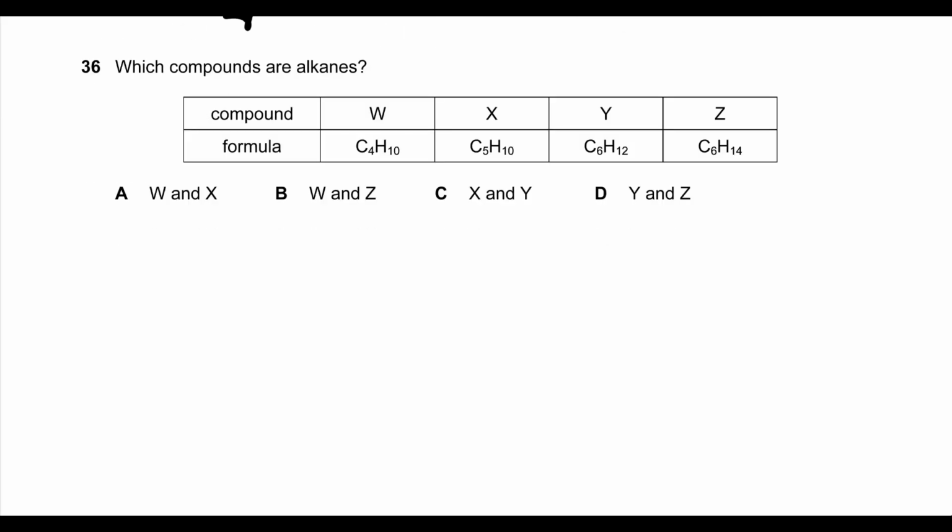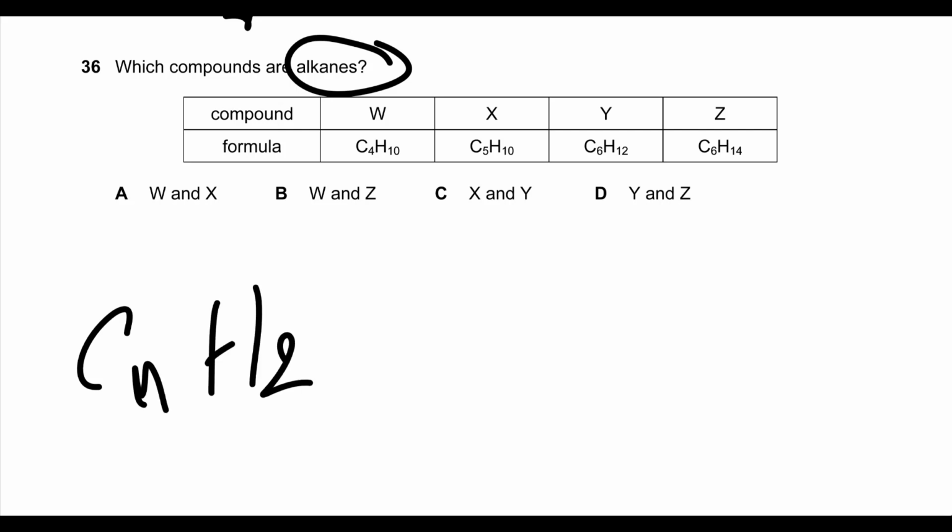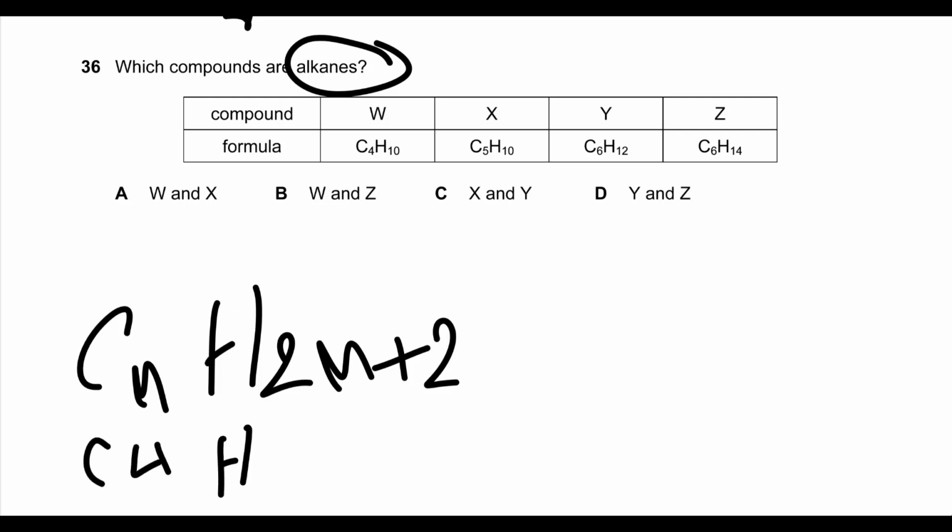In question 36, which compounds are alkanes? To solve this question, you need to know the general formula of alkane, which is CnH2n+2. So could we apply it for this one? Yes. Here if you have 4 carbons, that means hydrogen should be 10 according to this general formula.